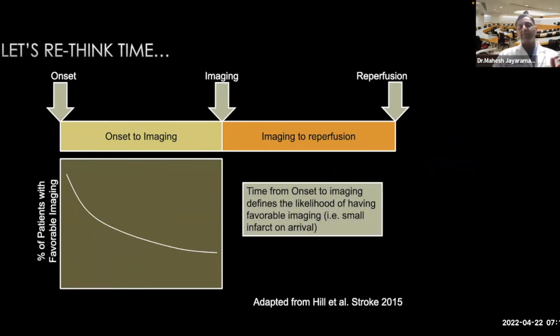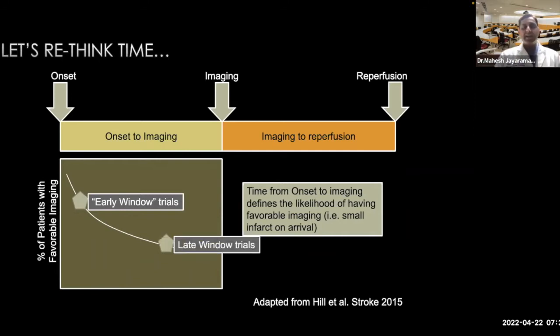And so the time from onset to imaging defines the likelihood that you have a small infarct on arrival. So these early window trials, these 2015 trials, focused on a larger group of patients because most patients have eligibility early on. The late window trials, this is the slow progressor.